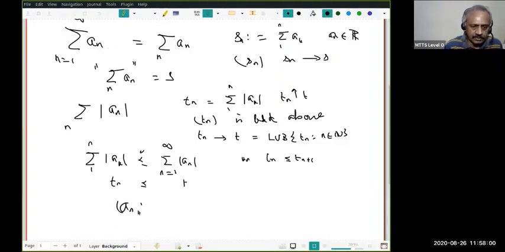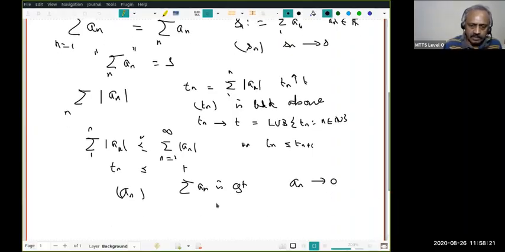The next thing we will need is this. Let's look at a_n, a sequence, and suppose the series of a_n is convergent. When do I say it's convergent? If S_n converges to S, then I say the series is convergent. When this series is convergent, then the sequence a_n goes to 0.